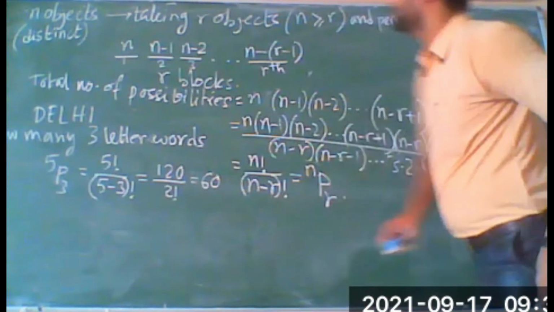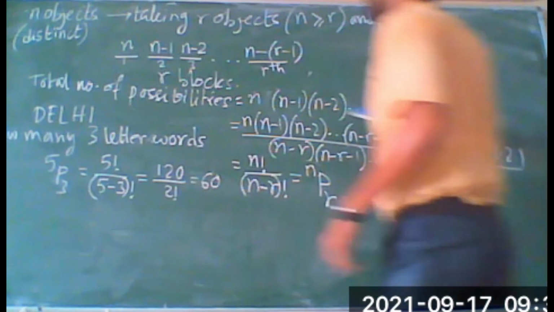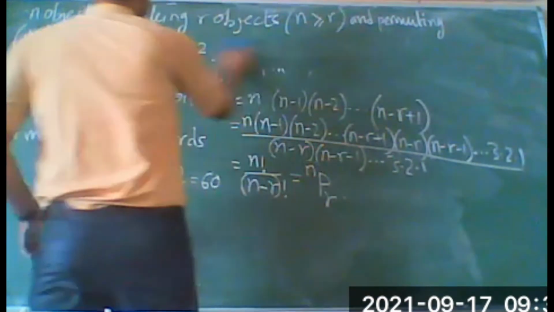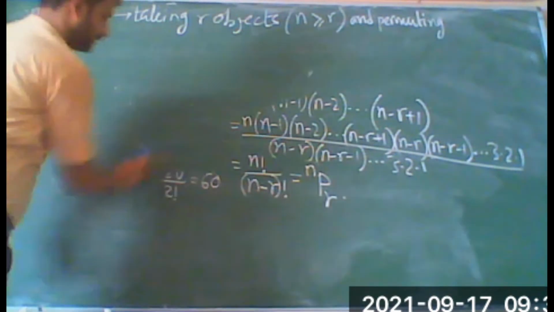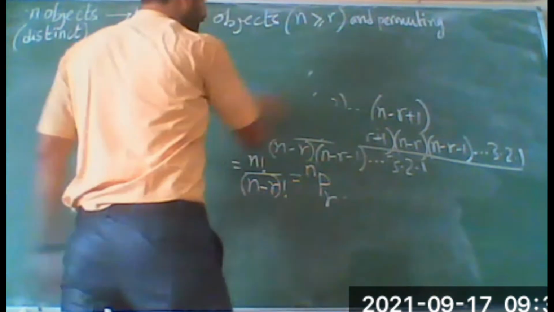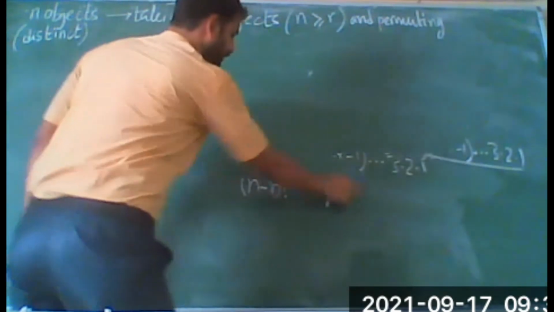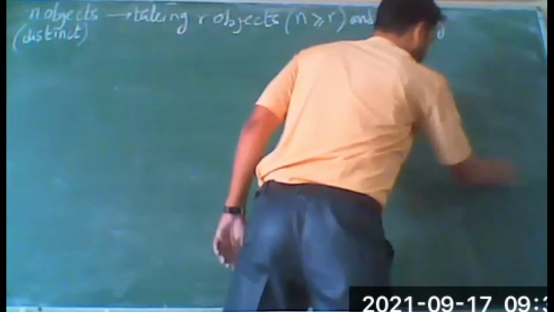So let me come to the next thing now. We are taking n objects. See here we are taking all different objects, meaning one object once only.